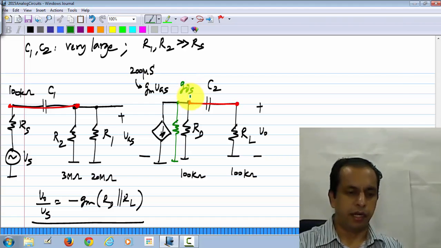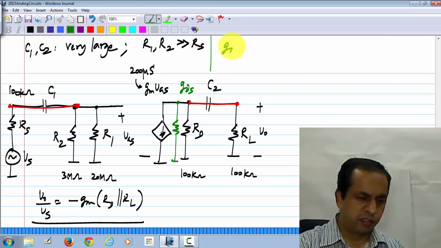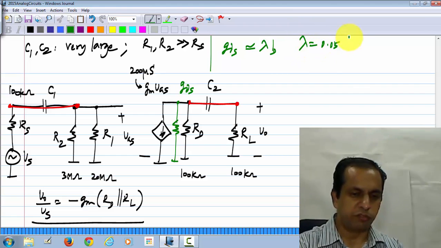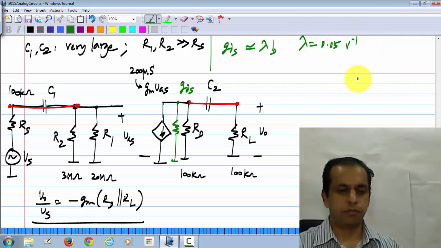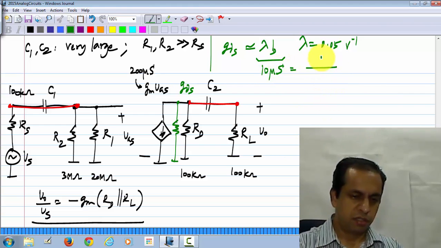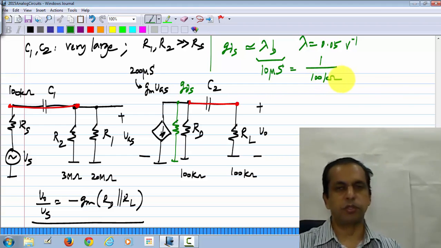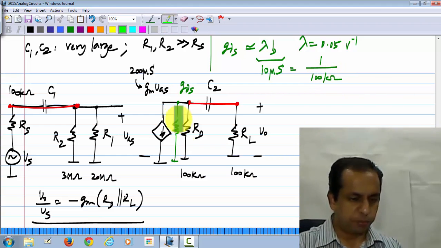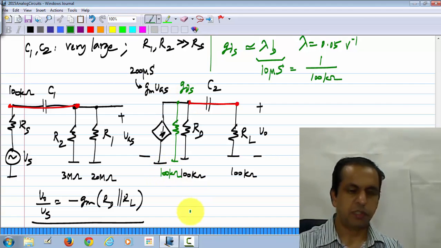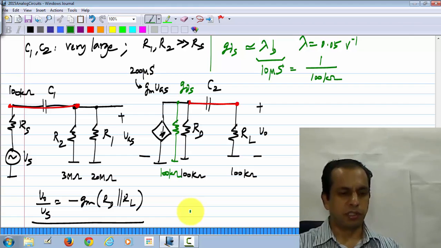And again, we know that GDS is basically lambda ID, and if I take lambda to be 0.05 volts inverse, this GDS turns out to be 10 micro Siemens, or the reciprocal of 100 kilo ohms. So, the resistance that appears across drain source is 100 kilo ohms. Okay. Now, what is the effect of this?